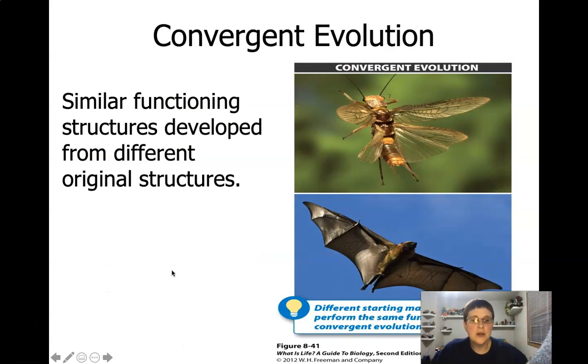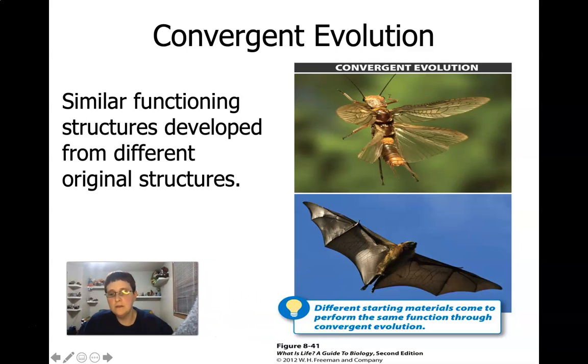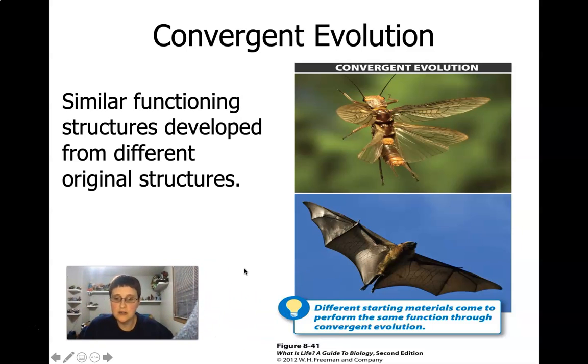All right, so there are vestigial structures. Vestigial structures are the leftovers. There are homologous structures, which share common ancestry. And then we have what we call convergent evolution. Convergent evolution is basically evolution had the same good idea, but the structures developed from different original structures.